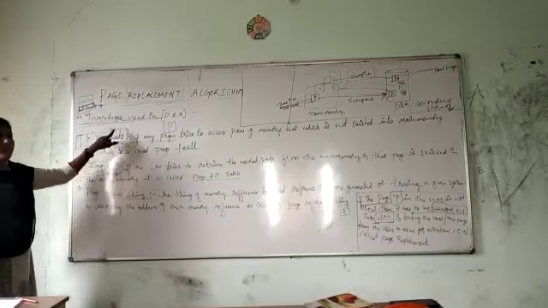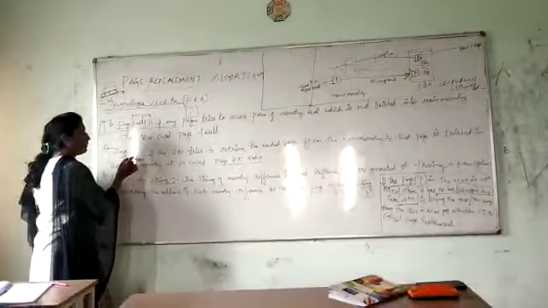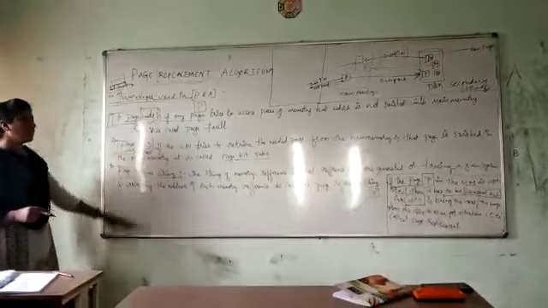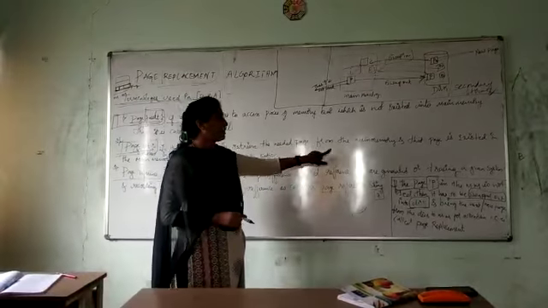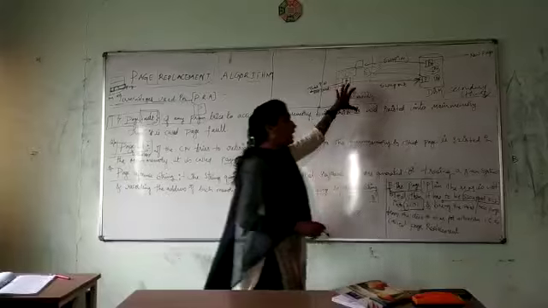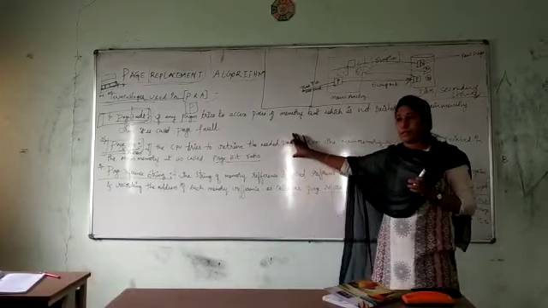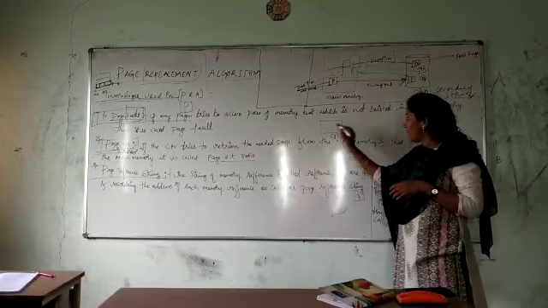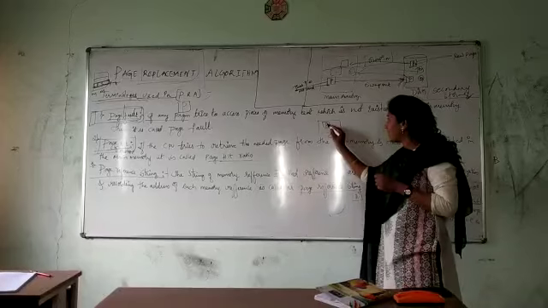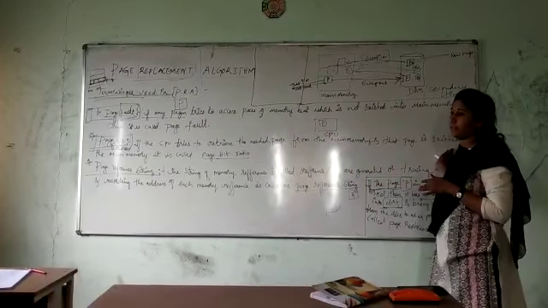In numericals, these 3 points are required, right? What do you mean by this page hit ratio? If the CPU tries to retrieve the needed page from the main memory, it means that in the CPU we have a page, right? This is our CPU. We are in need of the page from the main memory and that page is already existing.